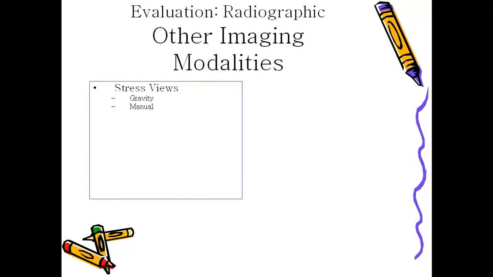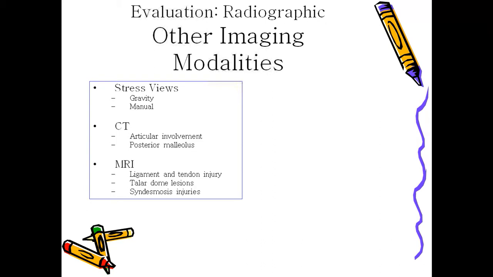Then stress views. Stress views include gravity and manual stress. If it is an intra-articular fracture, sometimes we need to go for, but especially for trimalleolar fractures, we need to go for CT scan to know the articular involvement, to know the posterior malleolar status. MRI also, to know the ligament and tendon injuries, talar dome injuries.